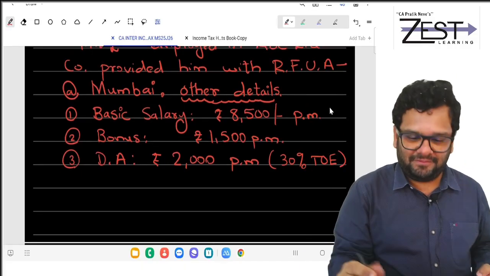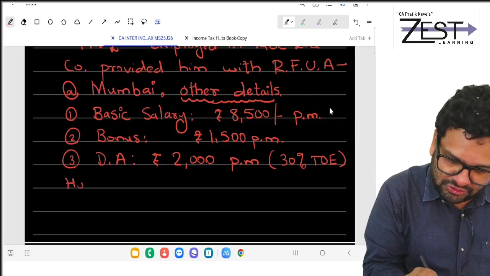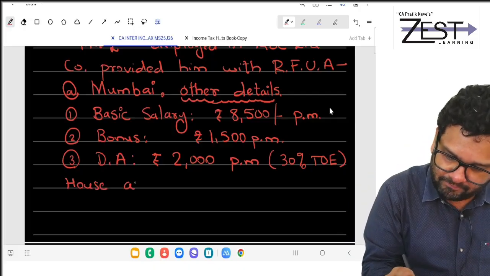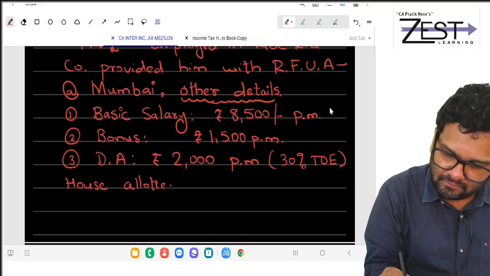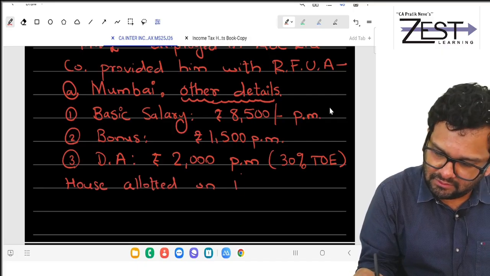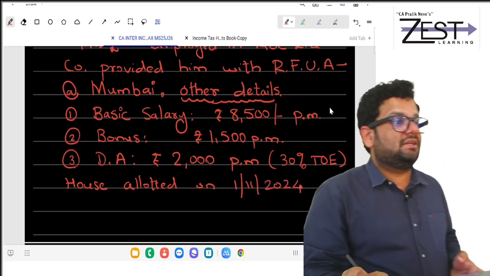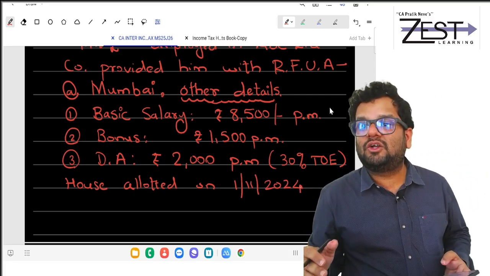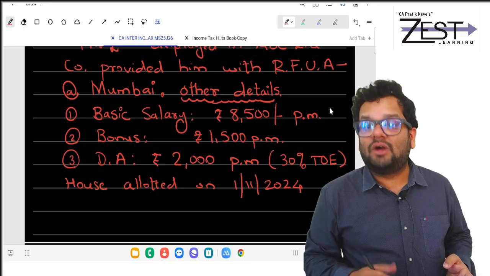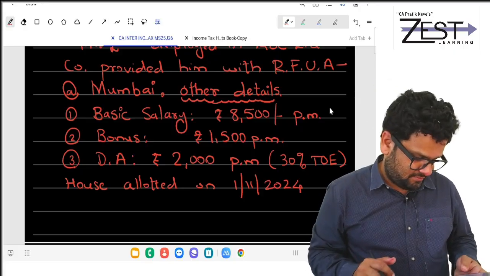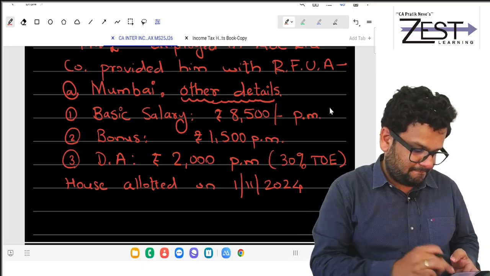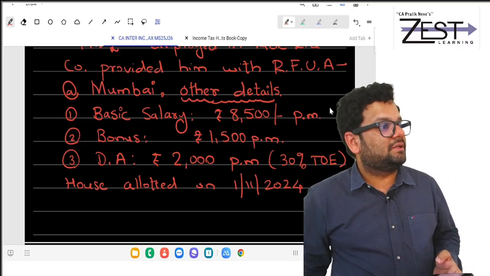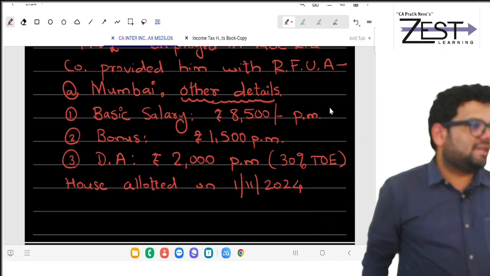Can happen. So house allotted on 1/11/2024 means in a financial year, it's not used for all 12 months. It is used for how many months? Check, tell me. 5 months. November, December, Jan, Feb, March.